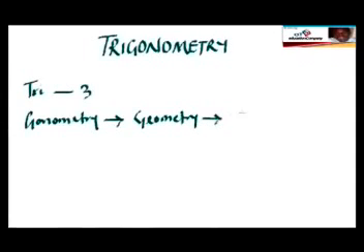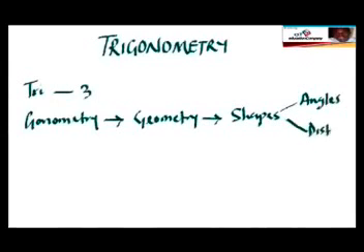And geometry talks about shapes with relation to angles and distances. Okay, we'll just take that abbreviation. So gonometry is gotten from the word geometry, and geometry talks about shapes that have to do with angles and distance. So when we combine these words, tri, which is three, and geometry, we will be talking about shapes that have three sides. So we'll talk about trigonometry here.